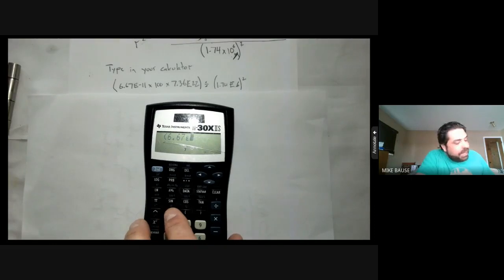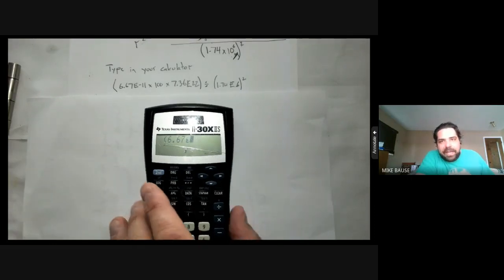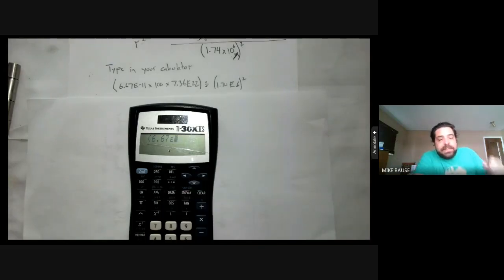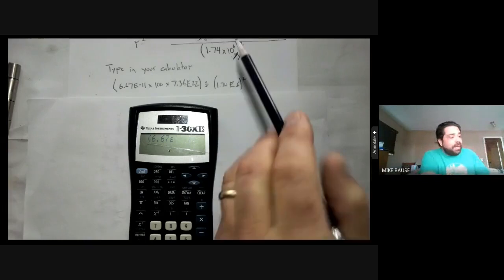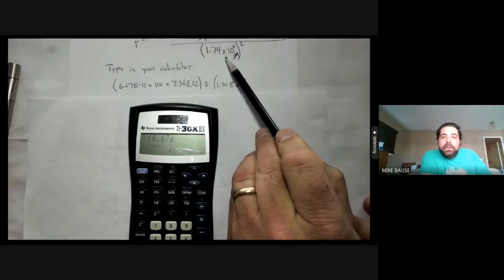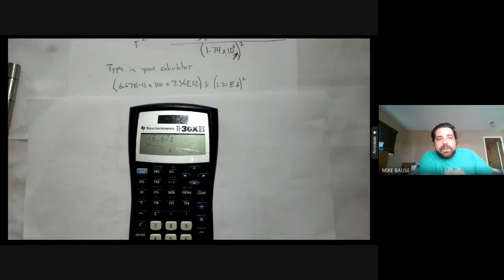When I do that, it gives me this capital E, which means times 10 to the power of. So you don't have to write times 10 to the power of. You just have to type in the number. So 6.67 times 10 to the negative 11 is 6.67 E negative 11.